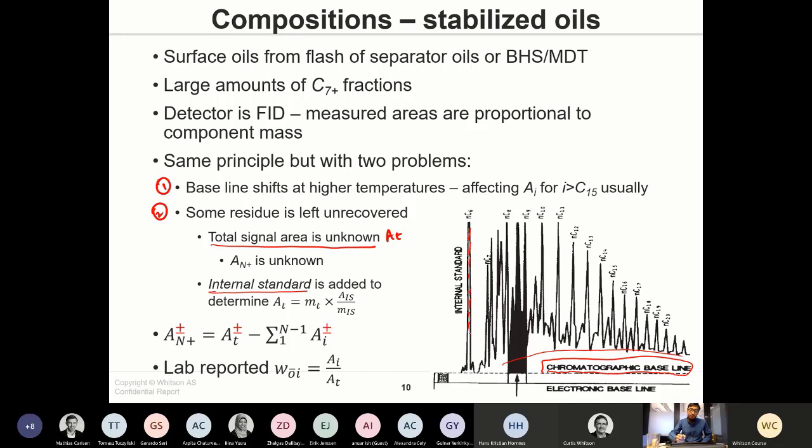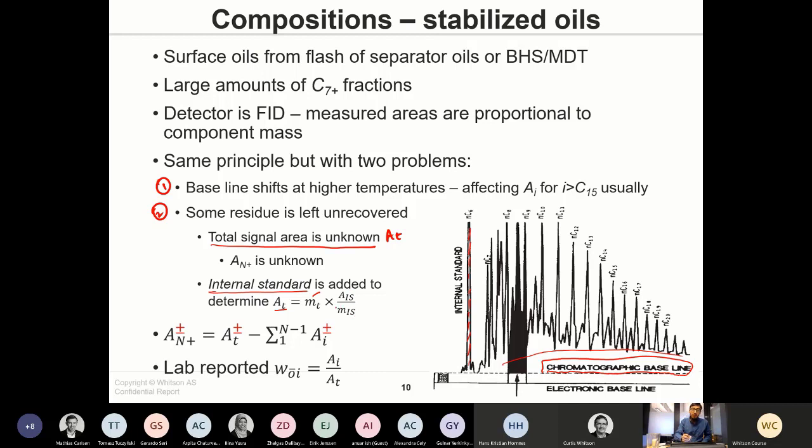You get the area of that component, and we know how much mass of that component we have input into the chromatograph. We also know the total mass of the entire sample that we have input, the area of the internal standard, and the mass of the internal standard.